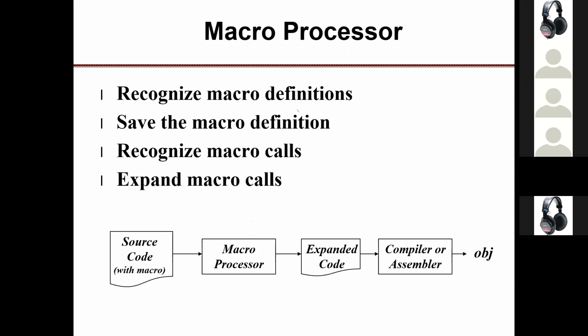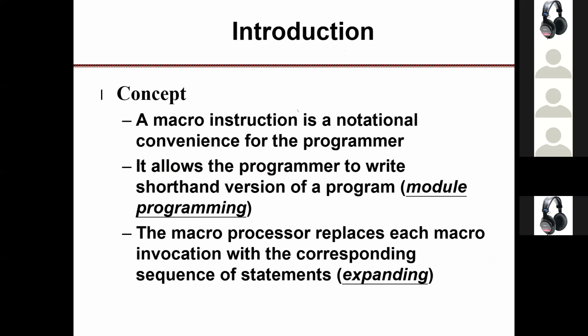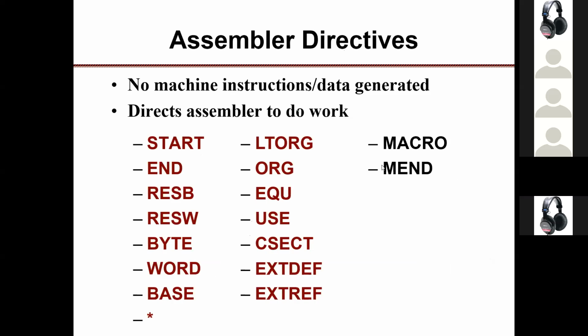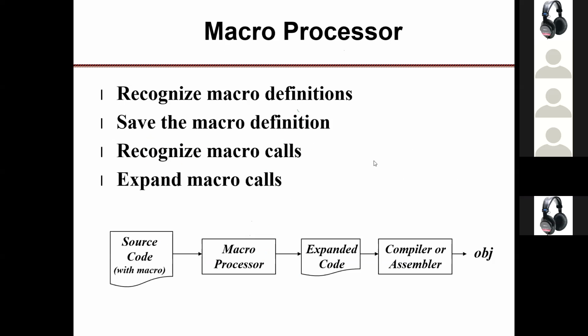There, okay. All right, so the macro processor. What it's gonna do, of course, is read the source code just like the other tools are reading the source code as well, but it's looking for those macro instructions. And as you recall, we created two new assembler directives, the macro and the macro end, that will allow us to create and use these macros.